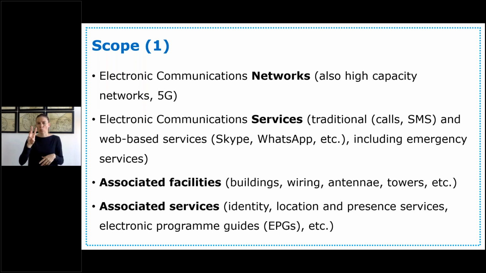It also includes associated facilities, which is basically the infrastructure that is around, supporting the functioning of the networks and the services. So let's say buildings, antennae, or towers, etc. And then you have associated services, which can be identity and location services, or the electronic program guides, which are the menu-based systems that provide users of television, for example, viewers, with up-to-date information about the schedule of programs.